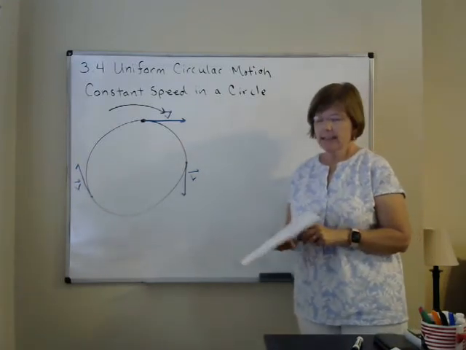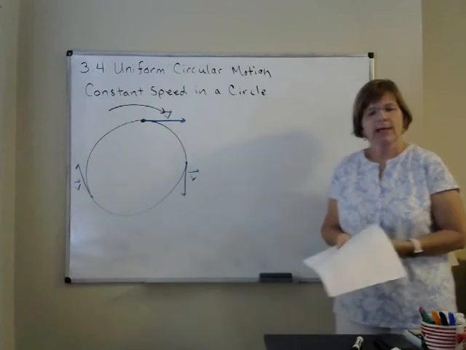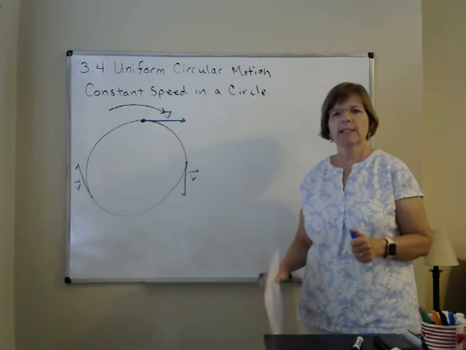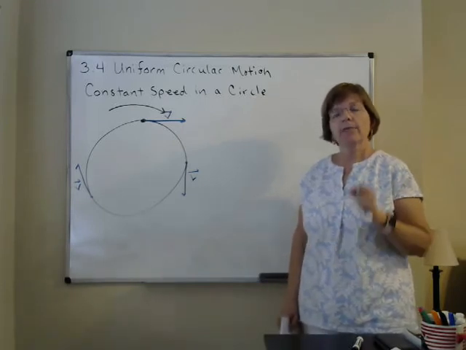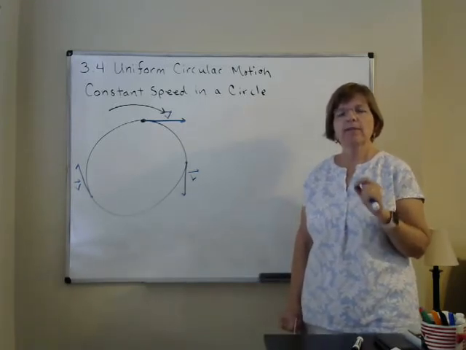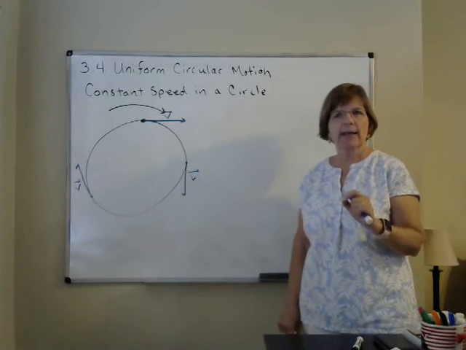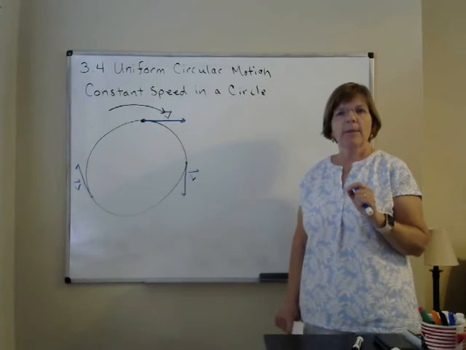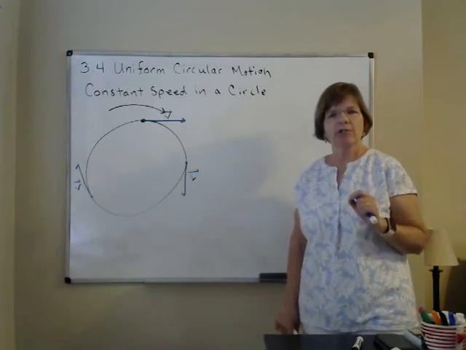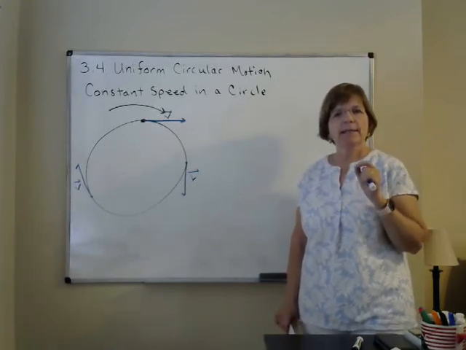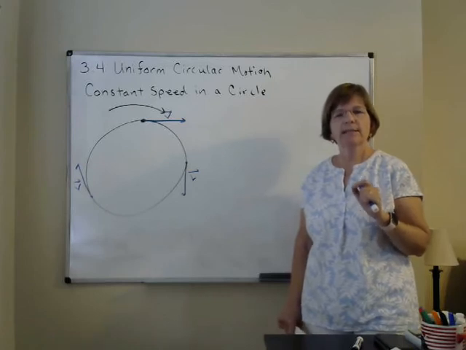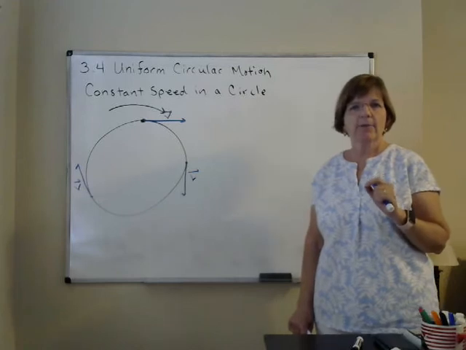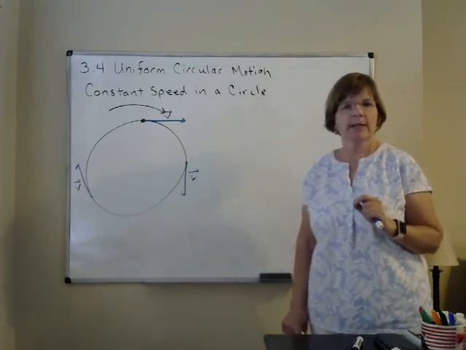Now, it's clear the object is accelerating, and we know it's accelerating because the direction is changing continuously. However, we also know it's traveling at a constant speed. It isn't speeding up, and it isn't slowing down. So that means if only the direction is changing, the acceleration must be perpendicular to the path, or perpendicular to the velocity vector.